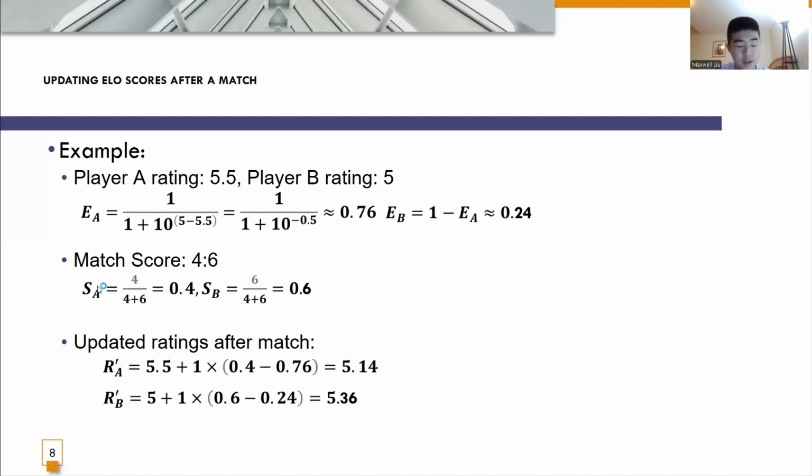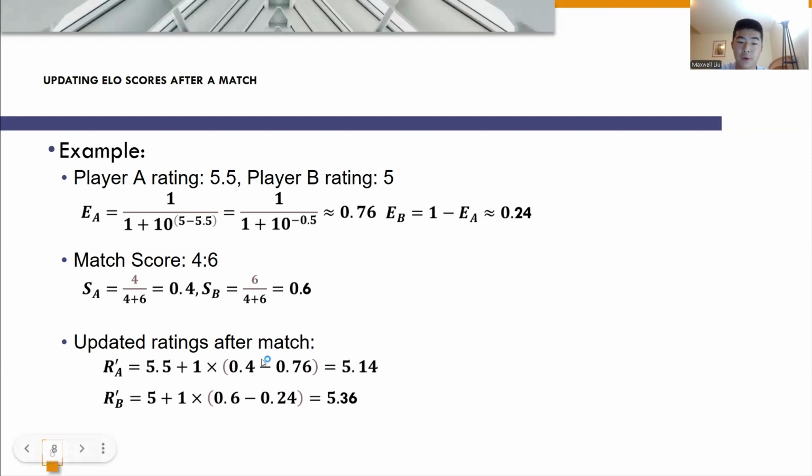So in this case, we can see that the score-based is using the same formula, but the score-based performance for player A would be 0.4, and the score-based performance for player B is 0.6. And using the formula, R of A plus K times S of A minus E of A, we can see that the updated rating for player A is 5.14, and the updated rating for player B is 5.36.